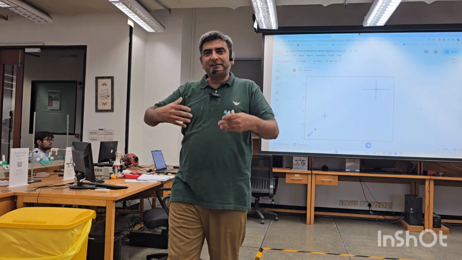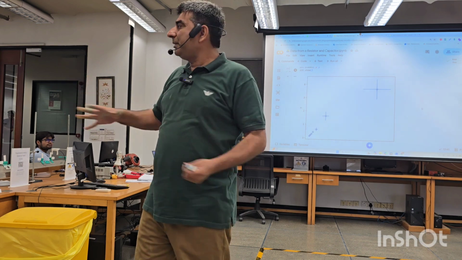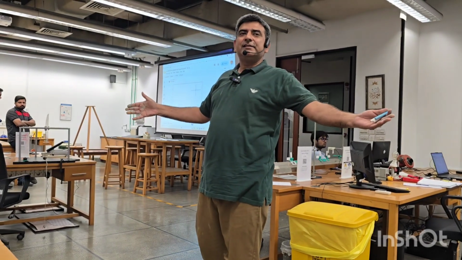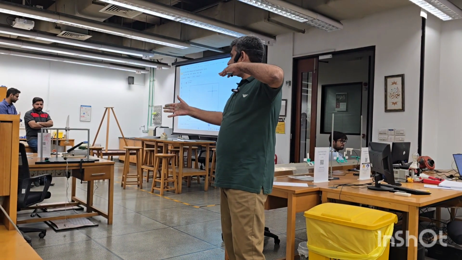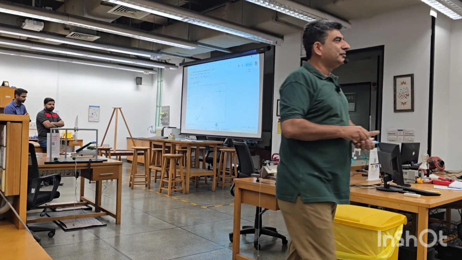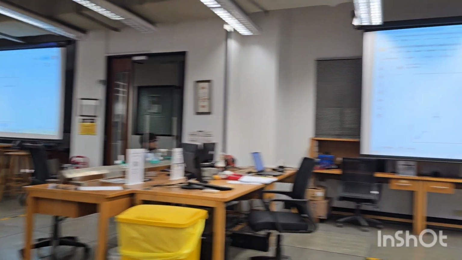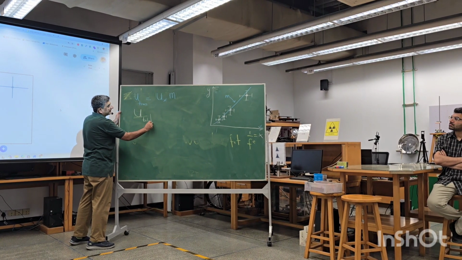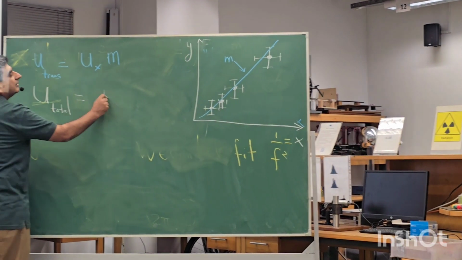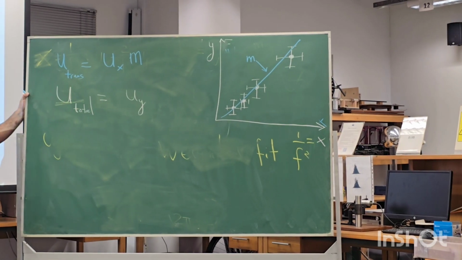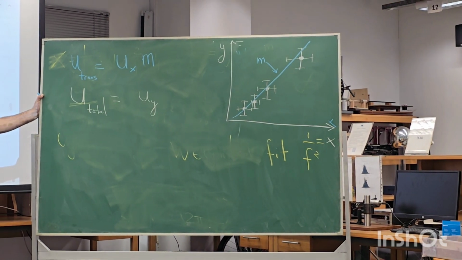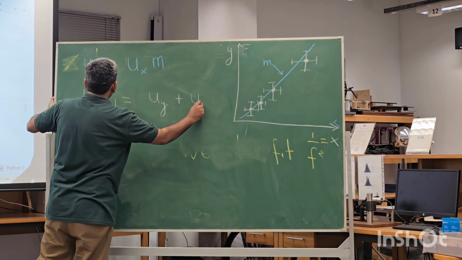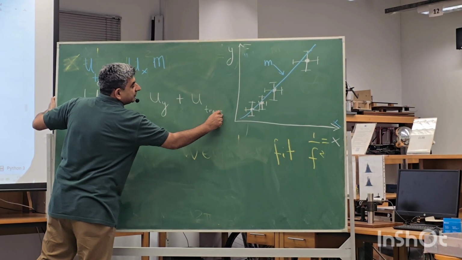So now the total uncertainty along the y-axis is a combination of the intrinsic uncertainty along the y-axis plus something that has come from the x-axis, the transferred uncertainty. So this means that the total uncertainty along the y-axis is now the uncertainty that already existed along y, plus the uncertainty that comes from the transfer.